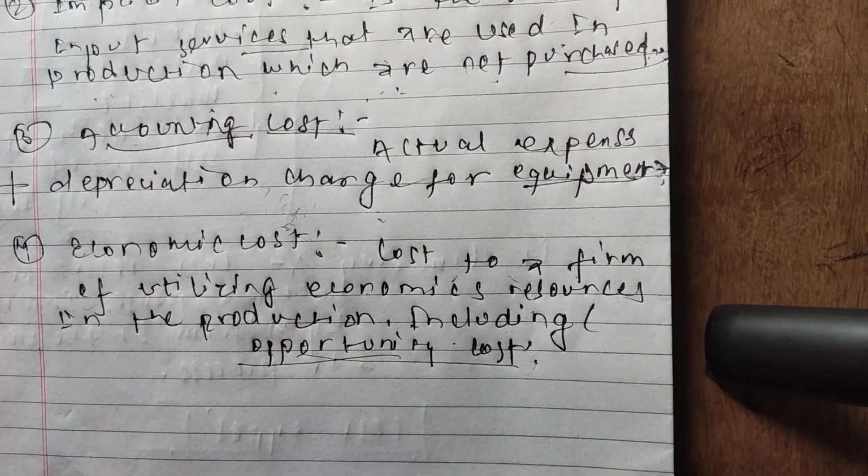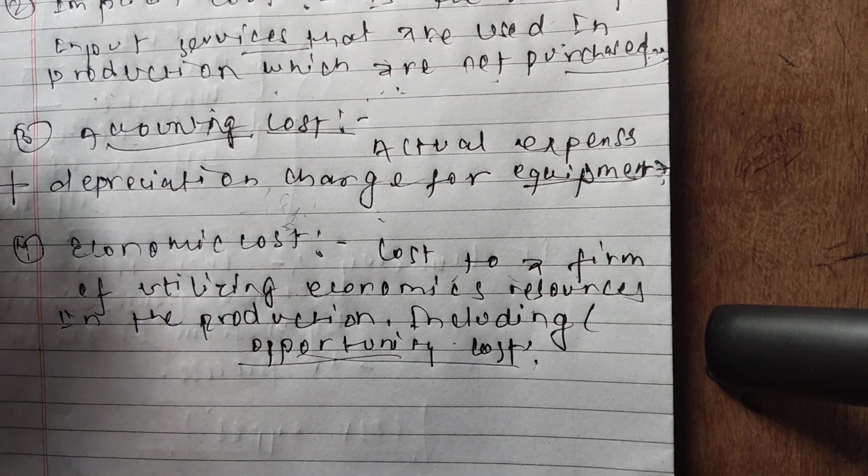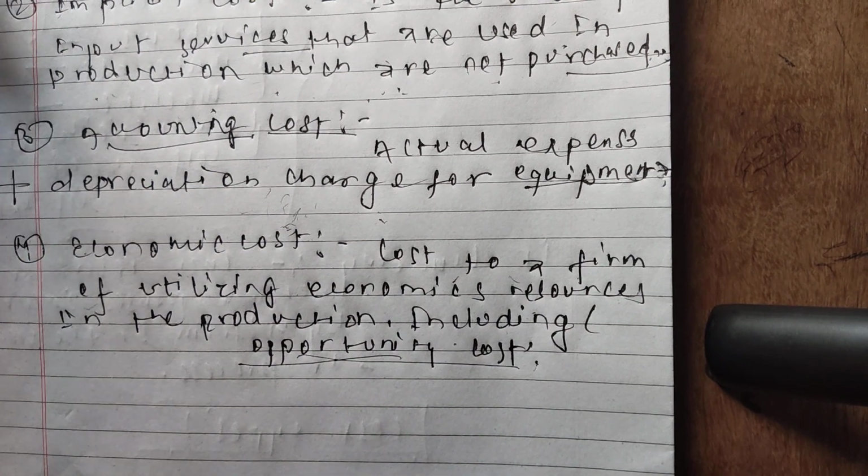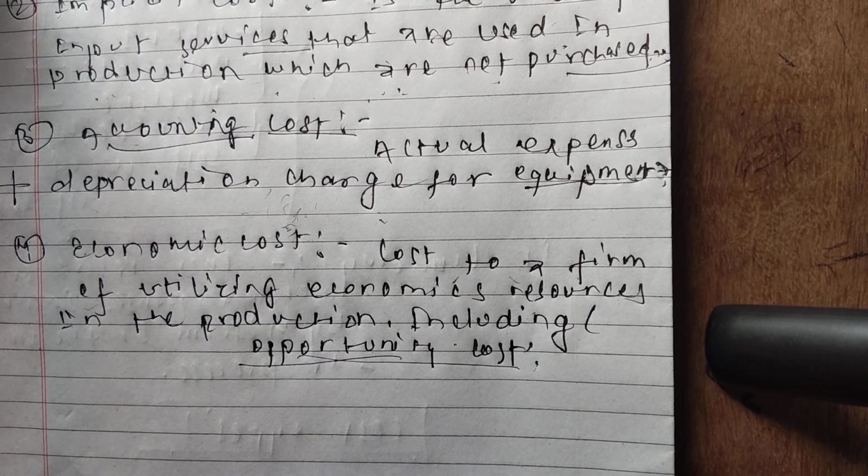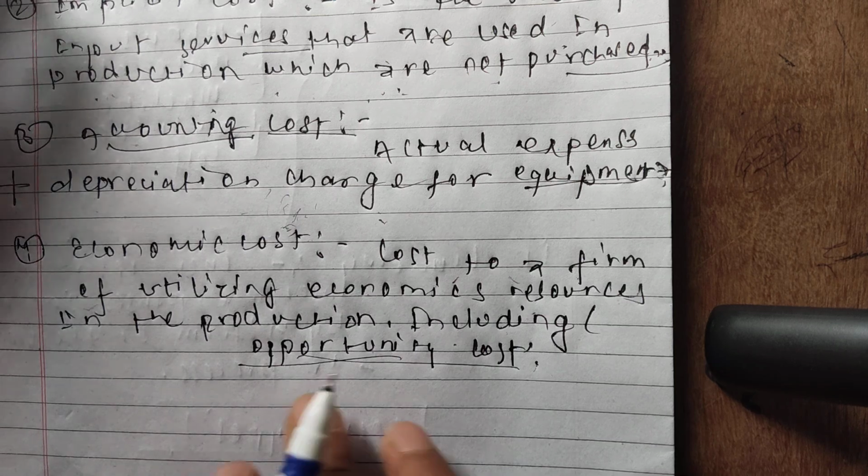All expenses, like we learned above, implicit cost, explicit cost, accounting cost, all costs plus opportunity cost will be the economic cost.